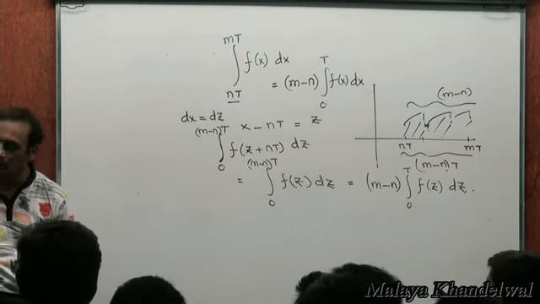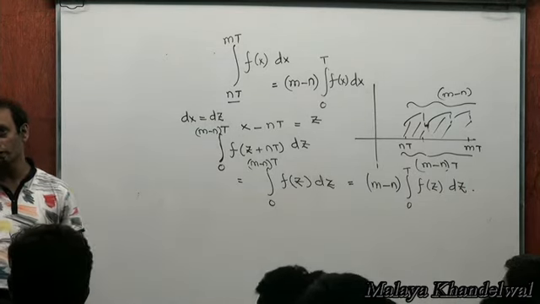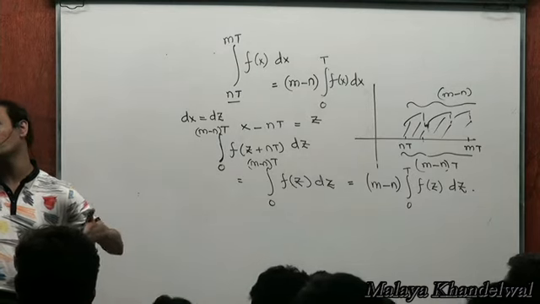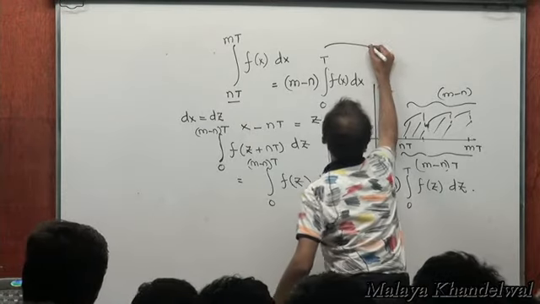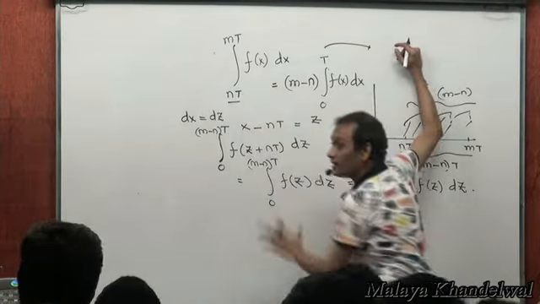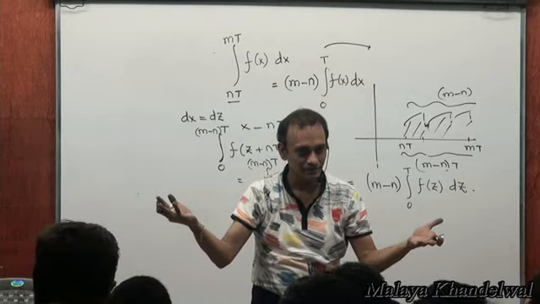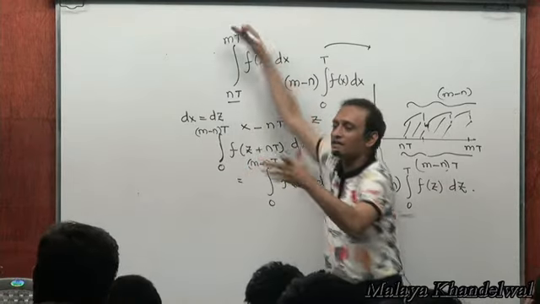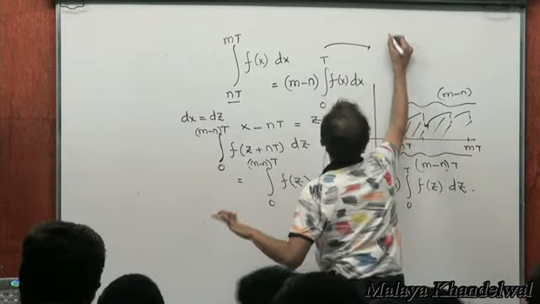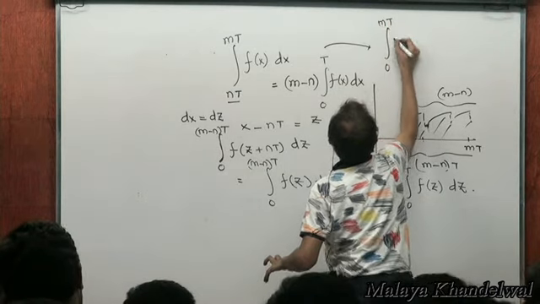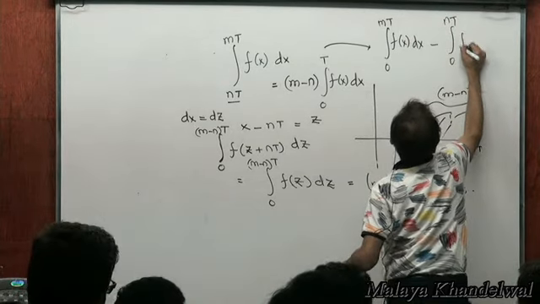Yes, absolutely, you could do that. That means area from nt to mt is the area from 0 to mt minus the area from 0 to nt. So, well said: the integral from 0 to mt of f(x) dx minus the integral from 0 to nt of f(x) dx.